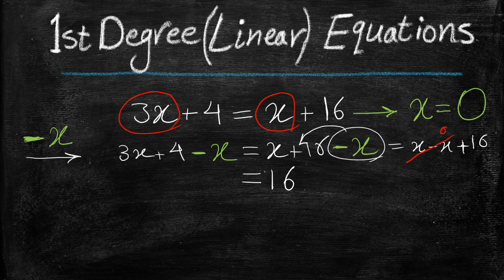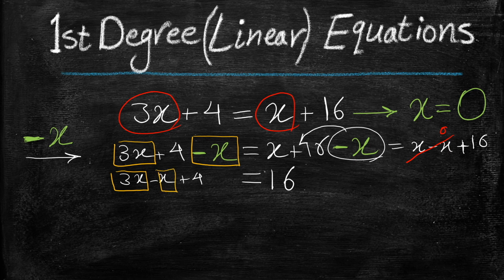The left hand side, 3x plus 4 minus x. Again, we combine terms here. We combine similar terms. So the terms that contain the unknown are 3x and minus x, right? So they can be combined. That's why we can write them beside each other, like 3x minus x plus 4. So the terms that are of the same nature are the ones that contain the unknowns.